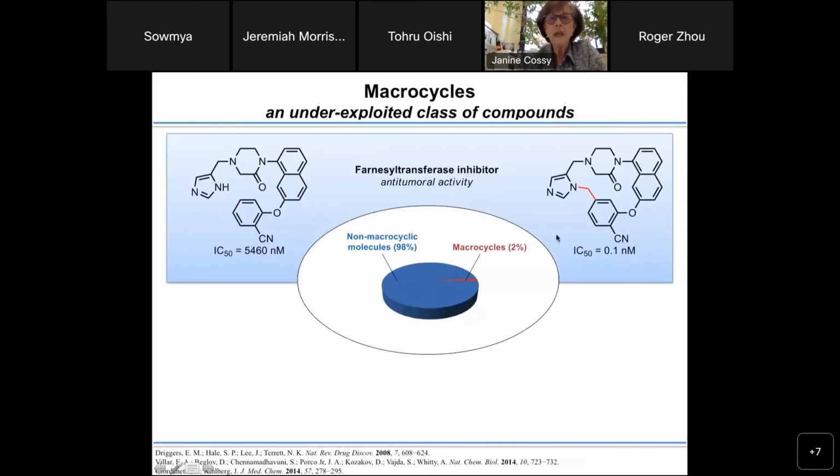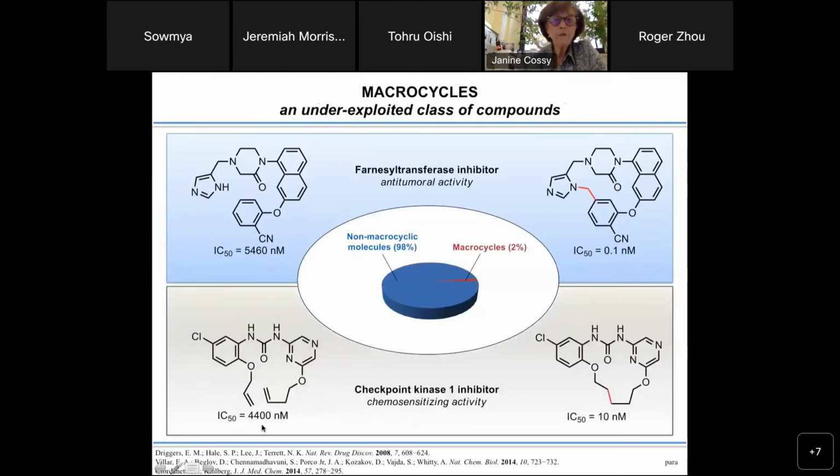But if you have the closed form, the EC50 is 0.1 nanomolar, so much more active. Now, a second example, if you have this product in here, open form, which is a checkpoint kinase 1 inhibitor, you can see that the EC50 is around 4,000 nanomolar.